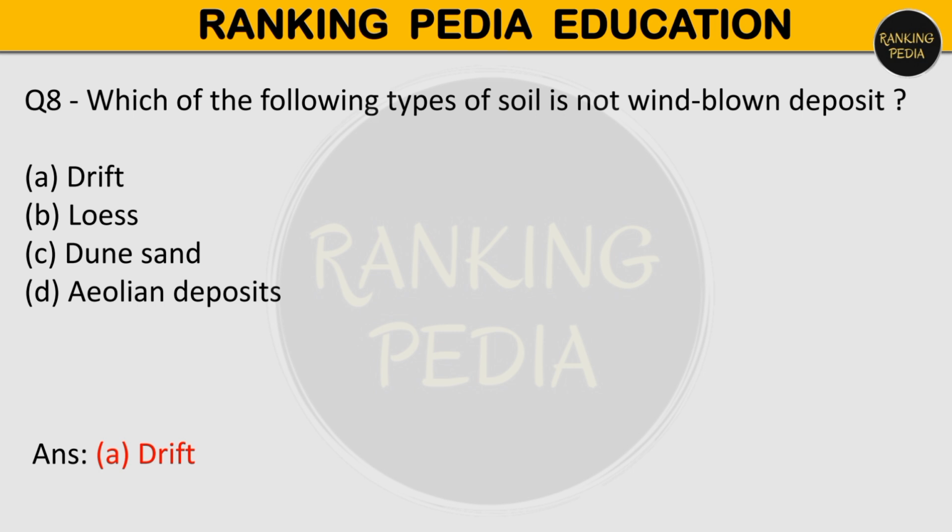Drift soil is not a wind blown deposit, it is transported by ice, whereas loess, dune sand and aeolian soil are deposited by wind. So the type of soil which is not a wind blown deposit is drift. Option A is correct.